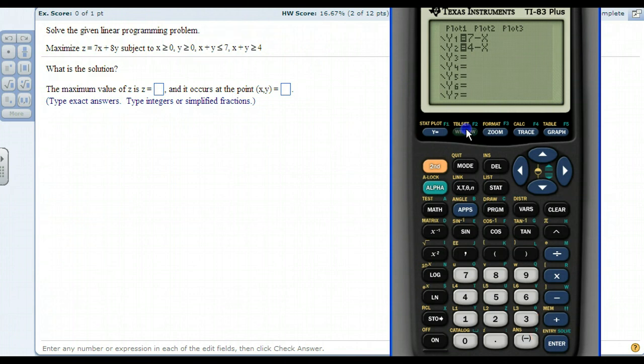Okay, and then remember your window, x is greater than 0, y is greater than 0. So I'm going to change this to 10, x scale 1, change that to 10, y scale 1, and just see what we have so far. Oh yeah.